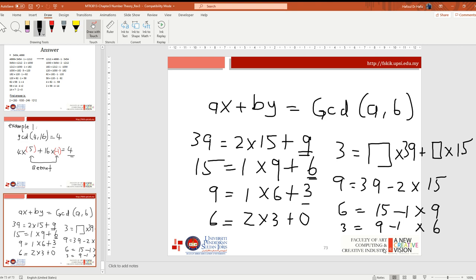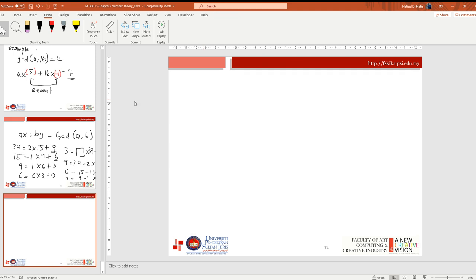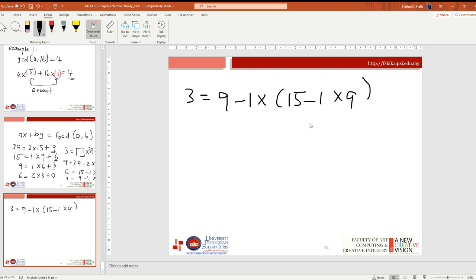Okay, kita buat backward substitution. Jadi kalau kita buat backward substitution, kita akan dapat 3 sama dengan 9 tolak 1 kali 15 tolak 1 kali 9. Okay.